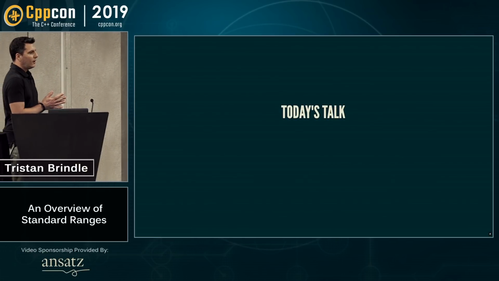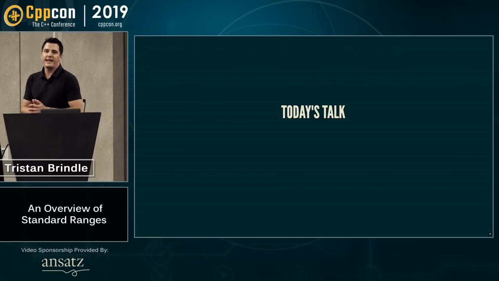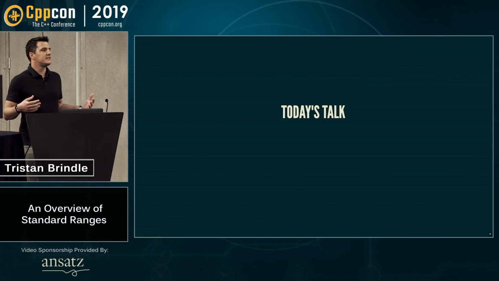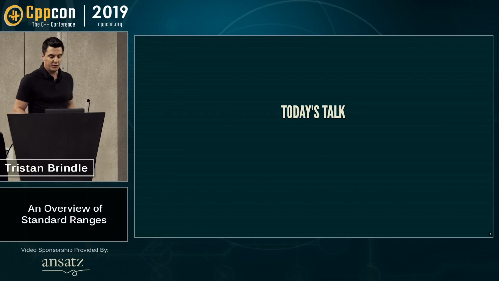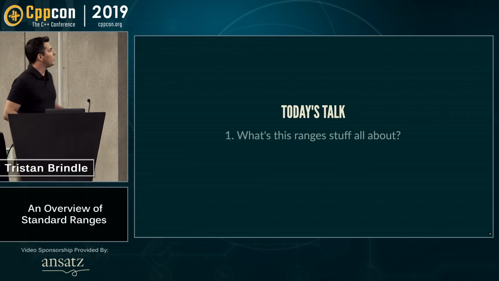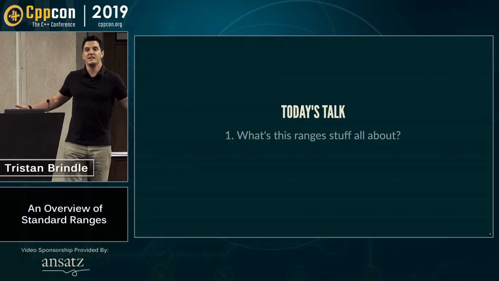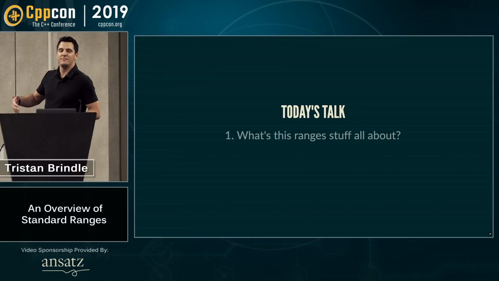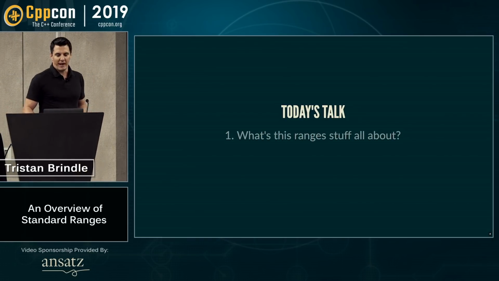Anyway, onwards, today's talk. I'm hoping that by the end of the session, by the time you leave this room, I'll have been able to answer 3 questions for you. First of all, what is this ranges stuff all about? You're here, I guess, because you've heard that we're getting this great new stuff in C++20, and you want to know what it's all about.